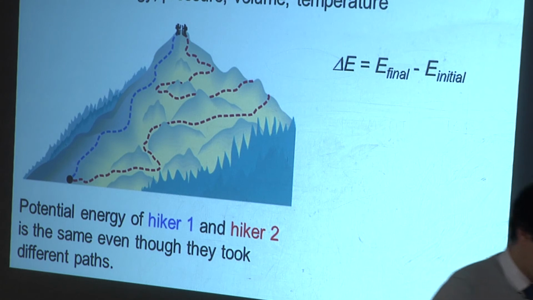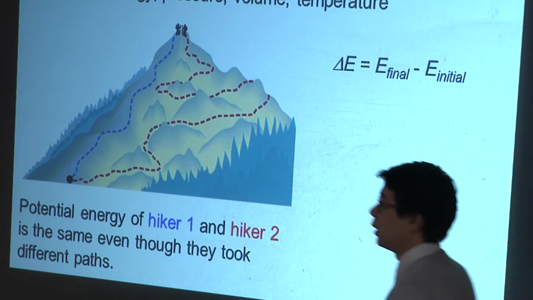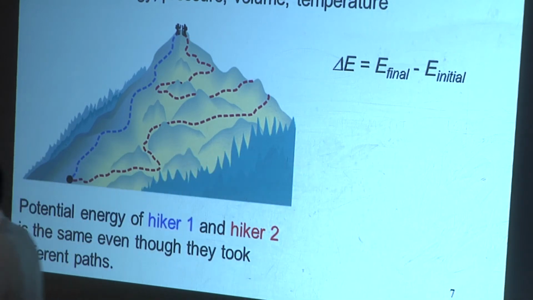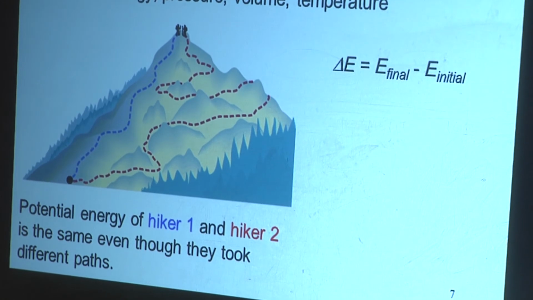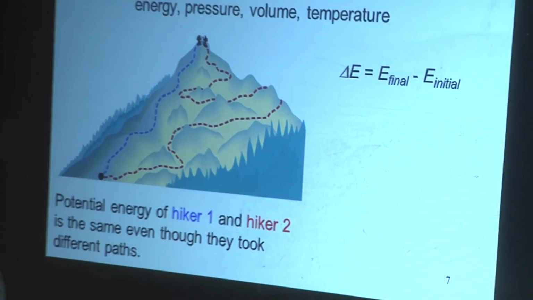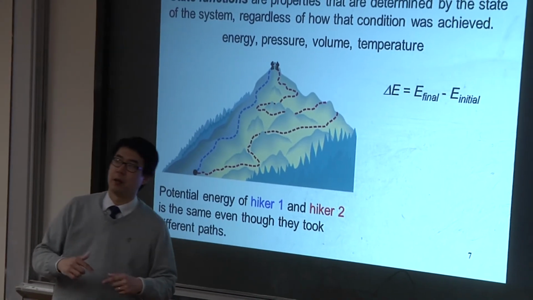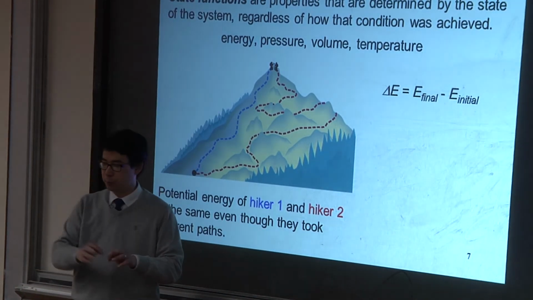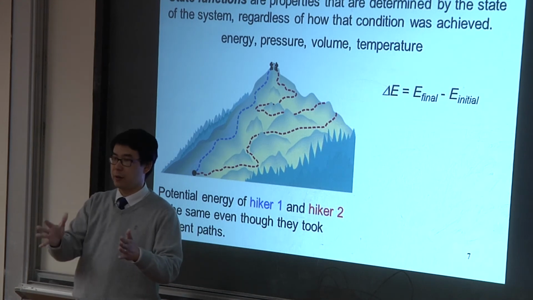And so here are some other state functions. Pressure, volume, temperature. So if I start with an uninflated balloon, and then I blow it up to this big, the volume would be the same as if I started with the uninflated balloon, blew it up real big, and then let some of the air out.